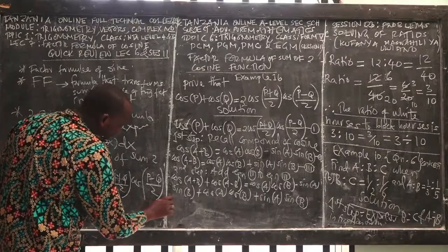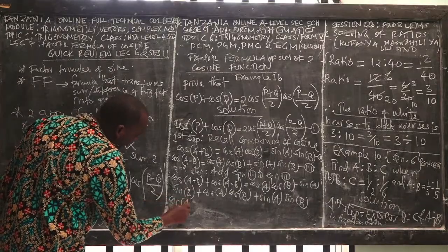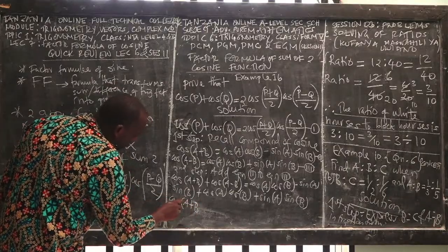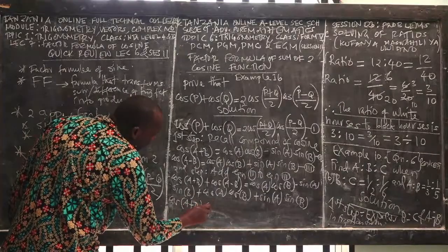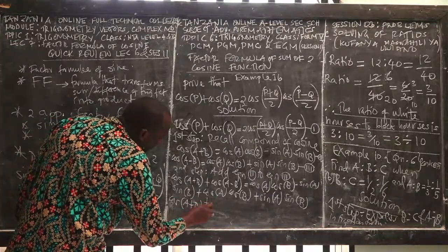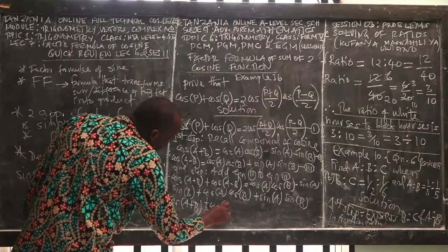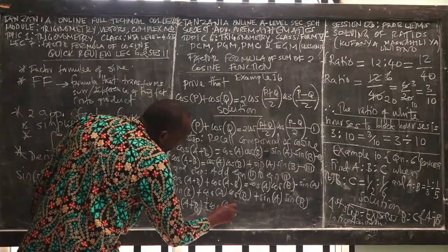So on the left hand side we are going to have cosine of A plus B plus cosine of A minus B. You can pause the video and try yourself.